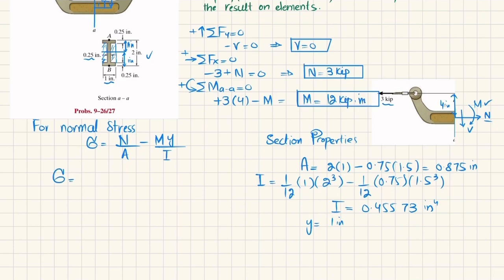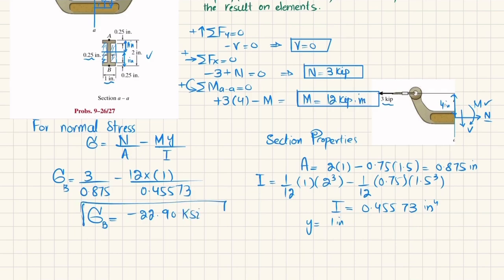Normal stress is N, 3, divided by area 0.875, minus M, 12, into y, 1, divided by I, 0.4573. And when you solve it, you will get stress at point B equal to minus 22.90 ksi. Okay, so this is the normal stress.